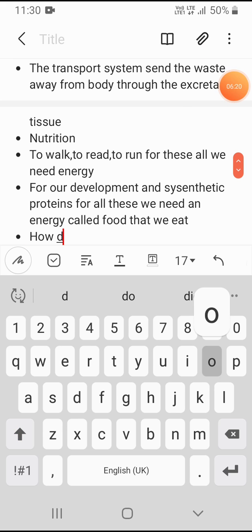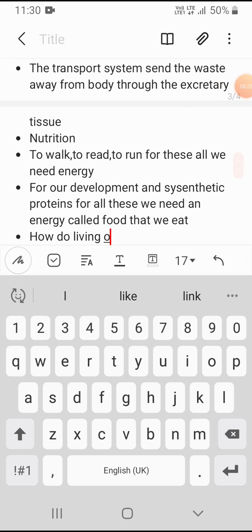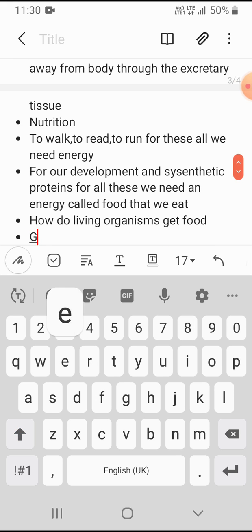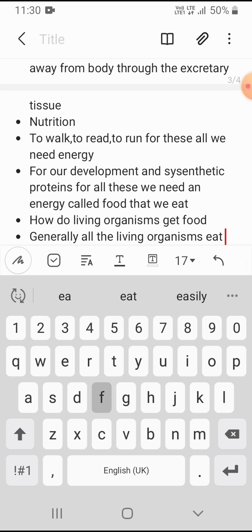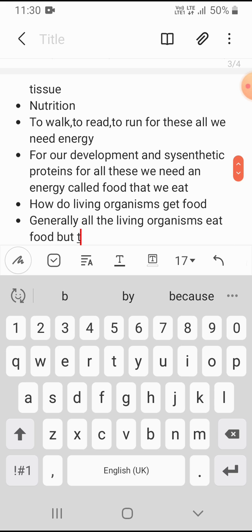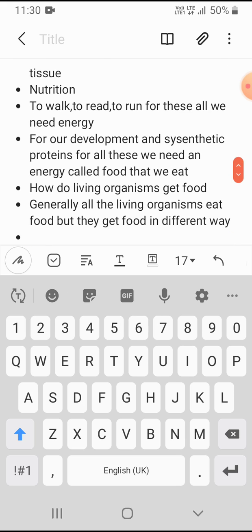How do living organisms get food? Generally all living organisms eat food, but they get food in different ways.